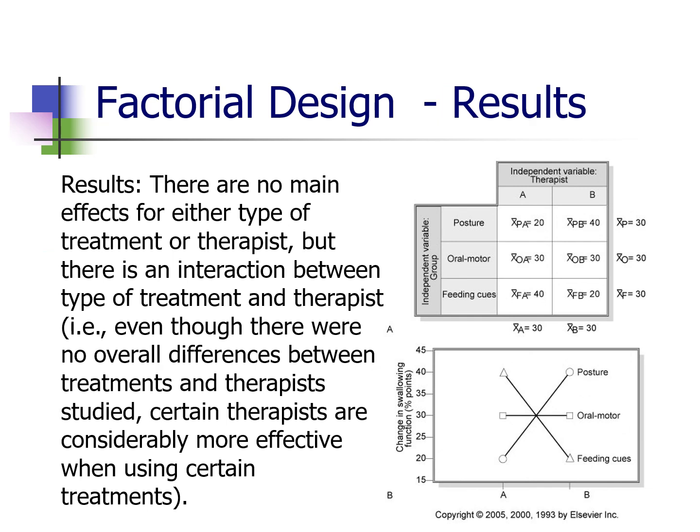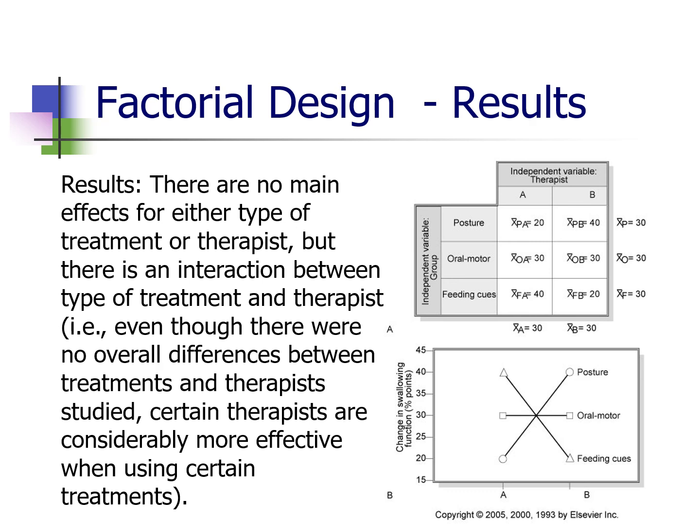The data in that table, once you've had a chance to look at it, should show you that there are no main effects for either type of treatment or therapist. And what does that mean? When we say there are not main effects, we're looking at the effects of one independent variable on the dependent variable.